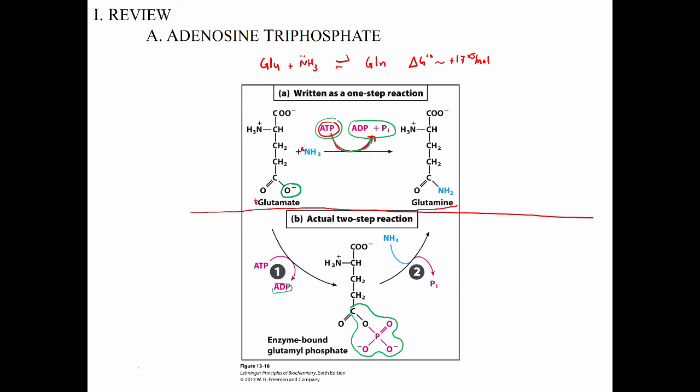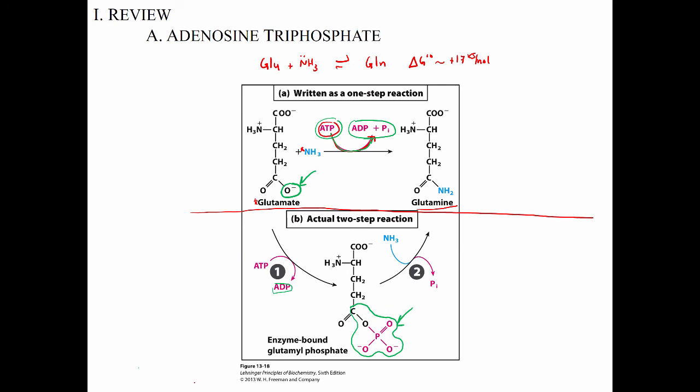Now, what's important about that? This oxygen is a really bad leaving group. However, that phosphate, as I've already mentioned, is a really good leaving group. By transferring the phosphate from ATP to the glutamate molecule, making this acyl phosphate bond, we have introduced a really good leaving group.